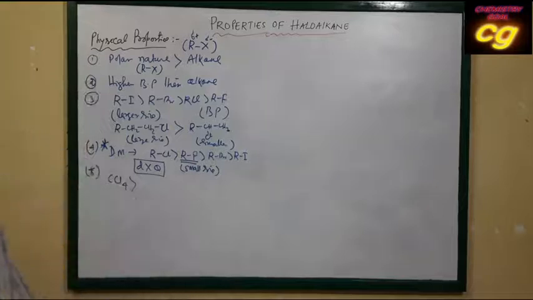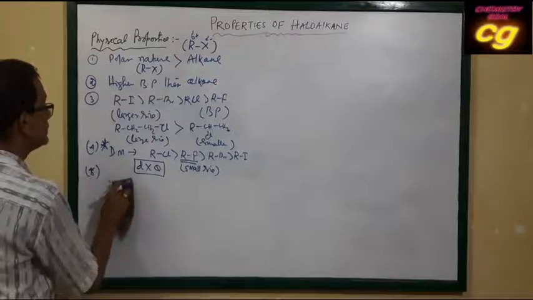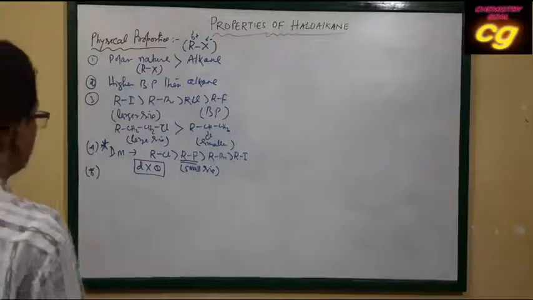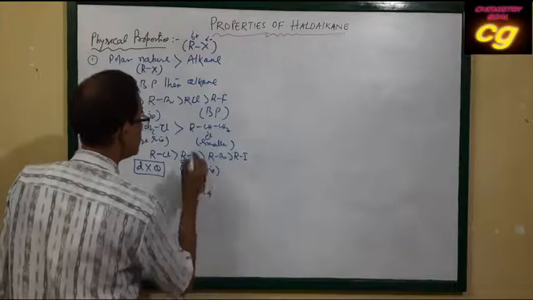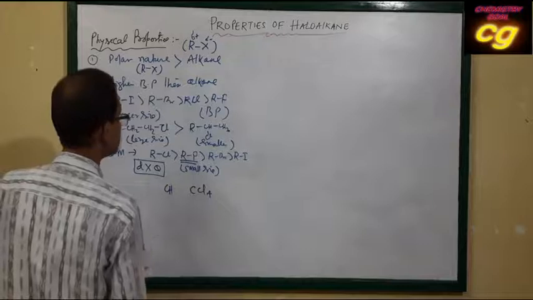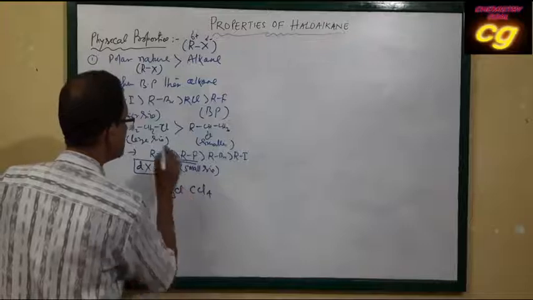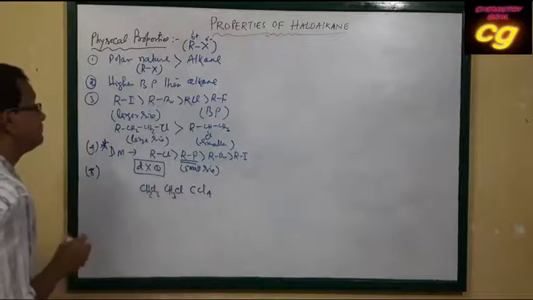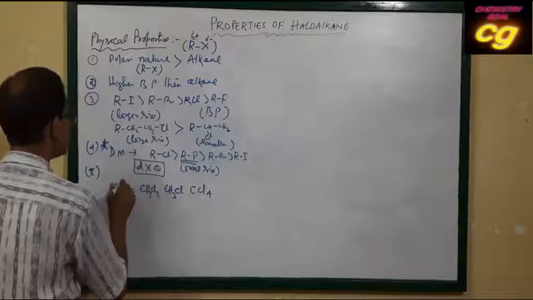For example, you can take like this: CCl4, CH3Cl, then CH2Cl2, then CHCl3.